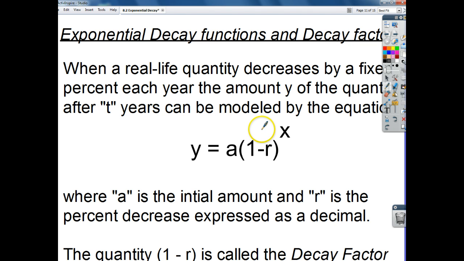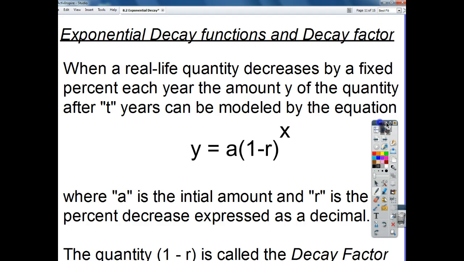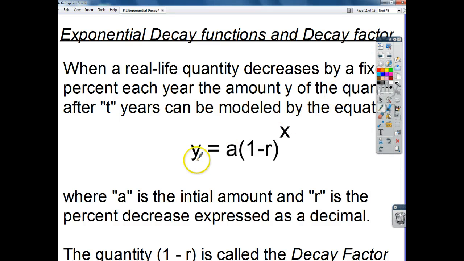When a real-life quantity decreases by a fixed percent each year, the amount of the quantity y after t years can be modeled by the equation y equals a(1 minus r) raised to the x power, where a is the initial amount, r is the percent decrease expressed as a decimal, okay, and then the quantity 1 minus r is called the decay factor. All right, so that explains that formula for us.